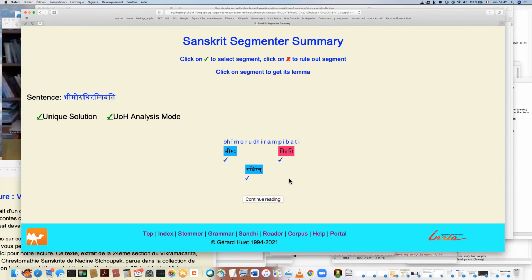The Tinanta will still be red, but the Subanta will be according to their vibhakti. So can I get a clarification here, Doctor? The clarification I would like is that Prathama Vibhakti will be in the first line, the Dvitiya Vibhakti in the second line, Tritiya Vibhakti in the third line. Am I correct? Now, Bhimaha and Rudiram are not in the same row.